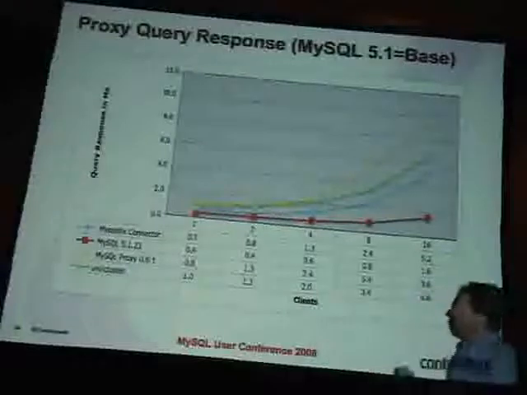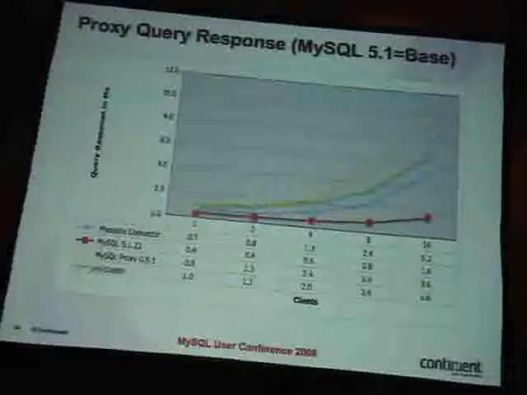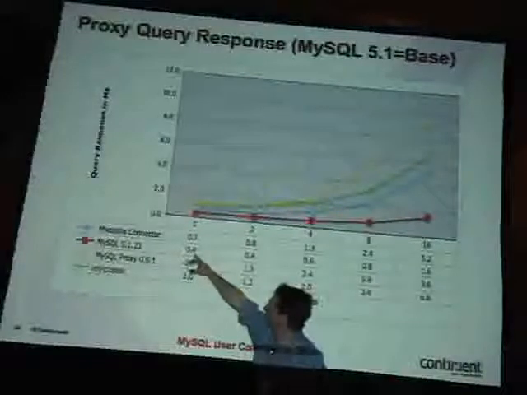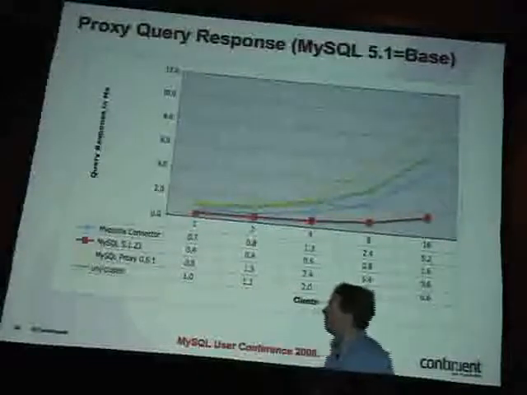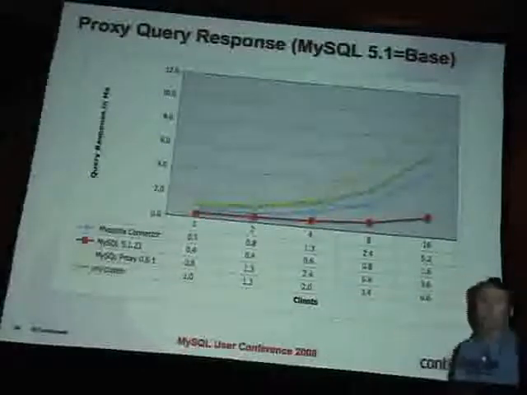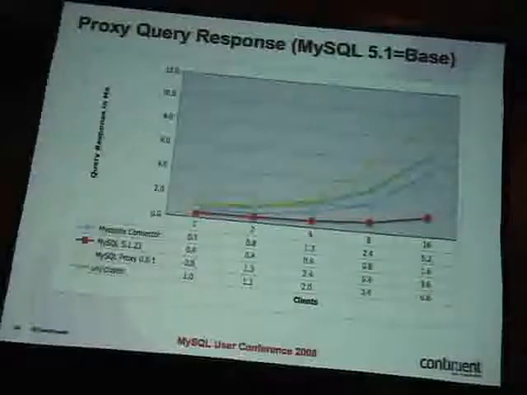For one client on one thread, it's interesting. The database will respond in 0.4 milliseconds. Our fastest proxy is 0.7. So you've got a 0.3 millisecond hit that you're going to take just by passing through the proxy. That's about as low as it gets, the lowest I've seen so far.